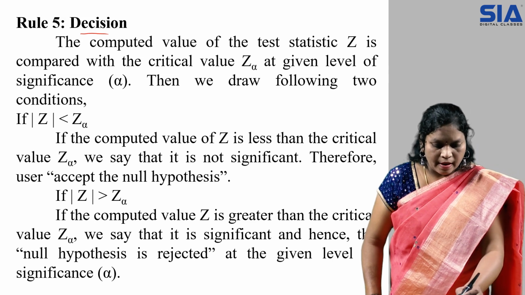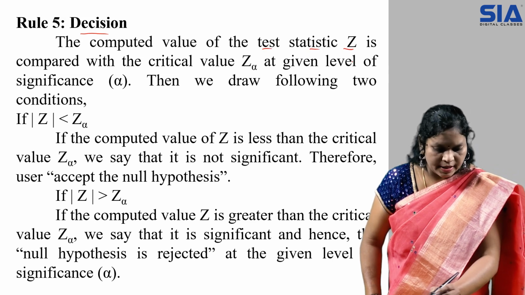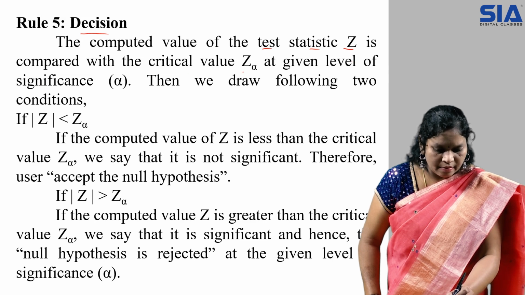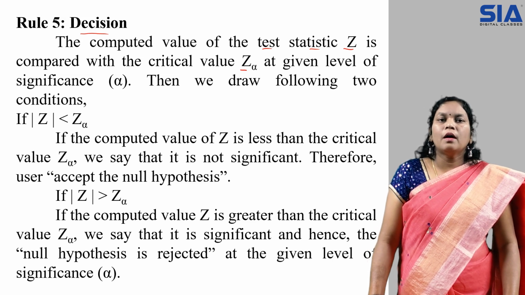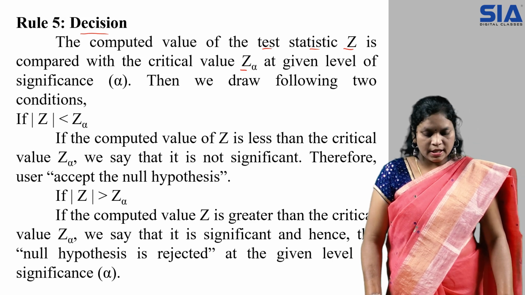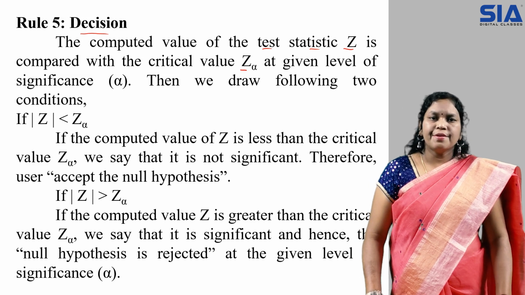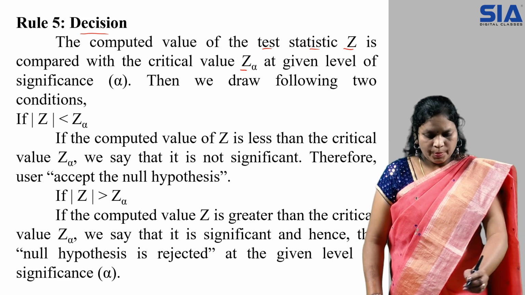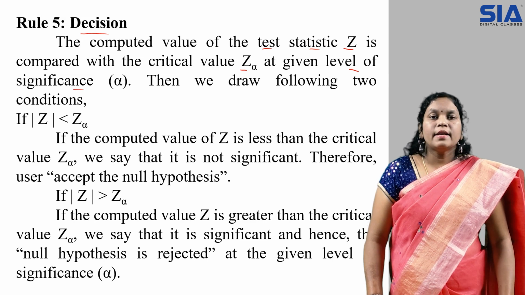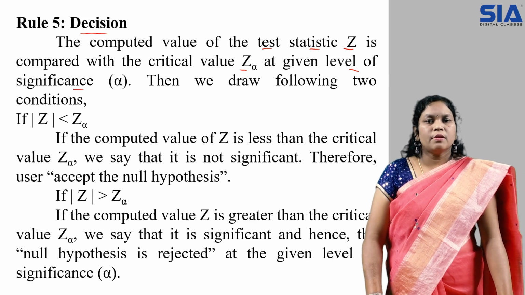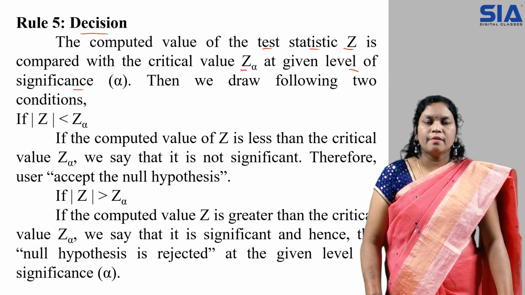So the computed value of the test statistic z is compared with the critical value z alpha. The test statistic z is the calculated value, which should be compared to some defined values we call critical values, so that we can draw our output at a given level of significance. The critical value is obtained based on the level of significance from table values.